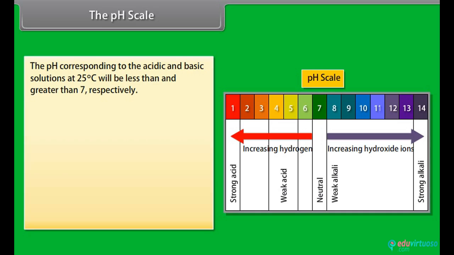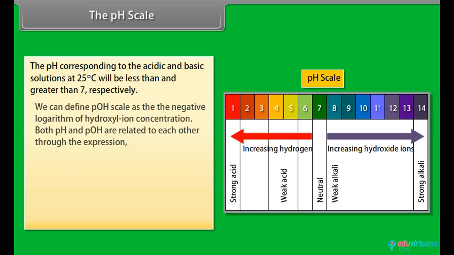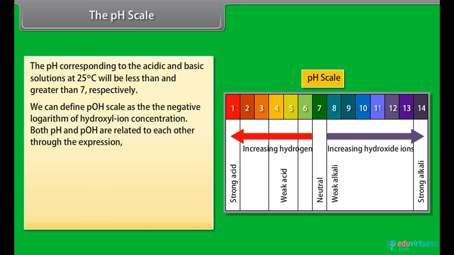The pH corresponding to the acidic and basic solution at 25 degrees Celsius will be less than and greater than 7 respectively. We can define pOH scale as the negative logarithm of hydroxyl ion concentration.